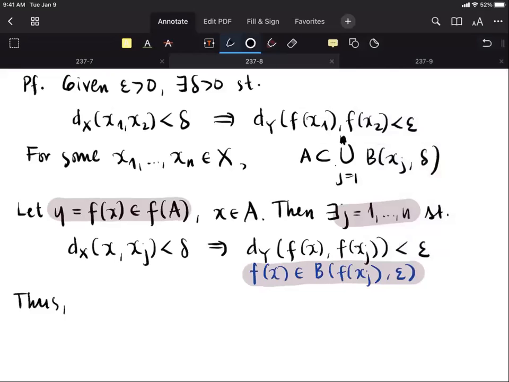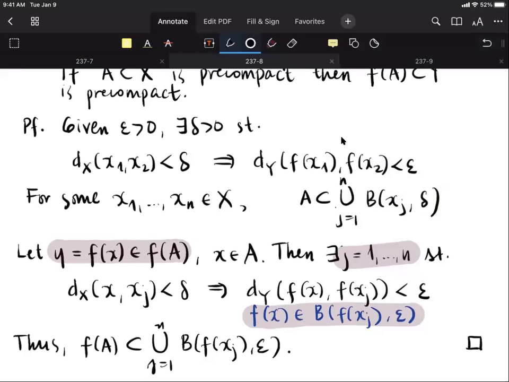So in terms of inclusion, this means that f of A is a subset of the balls centered at the images corresponding to the centers of the covering of A. So we have covered the image by finitely many balls, and therefore the image is pre-compact.